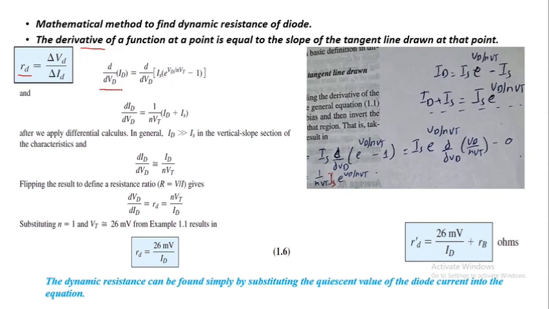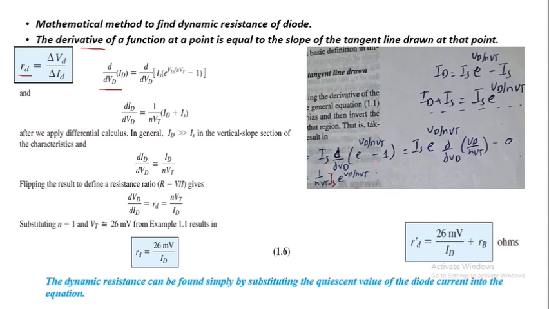Now if you find the derivative with respect to VD, we can write it like this: d by dVD of ID is equal to d by dVD of Is into e raised to power VD by nVT minus 1. I have done this derivation in my book and shown a picture of that here.